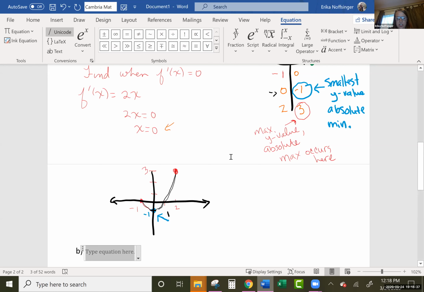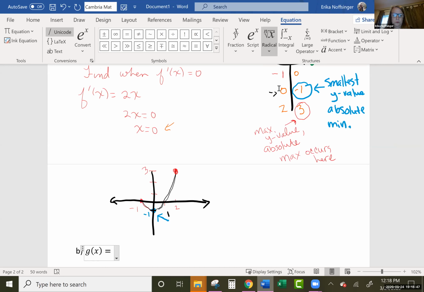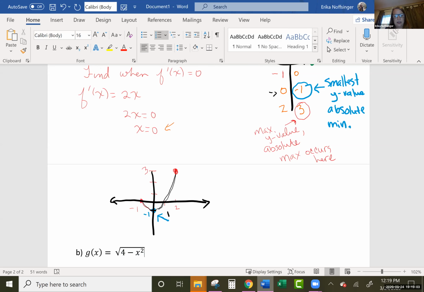I'm given that g of x is equal to the square root of 4 minus x squared. And we want to look at the interval between -2 and 1.